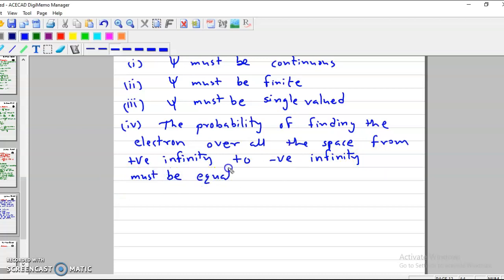This is a very important condition which was given by Schrodinger. If you want to solve this equation, you have to follow this condition.